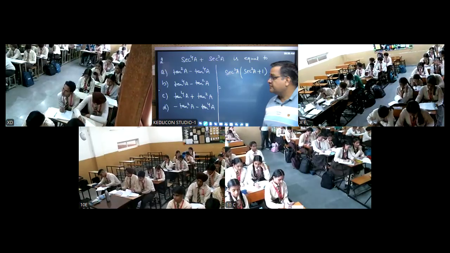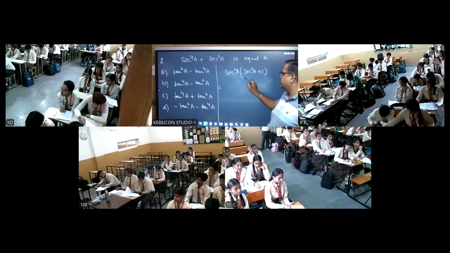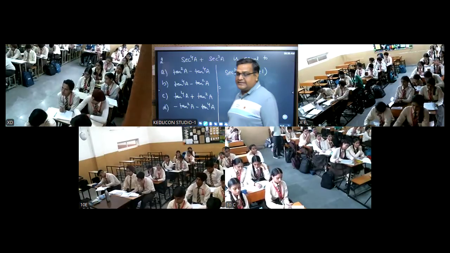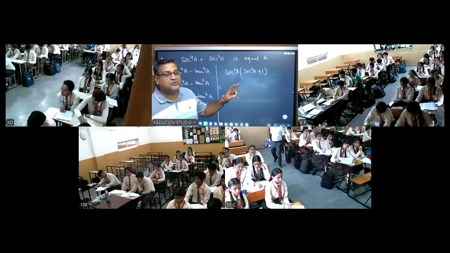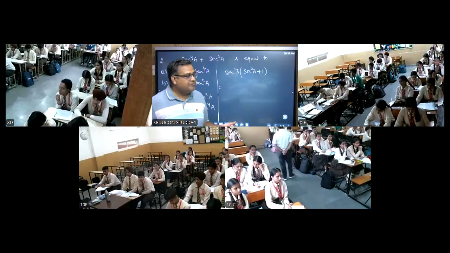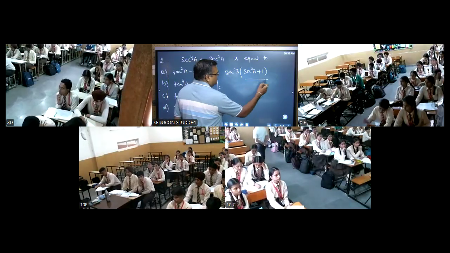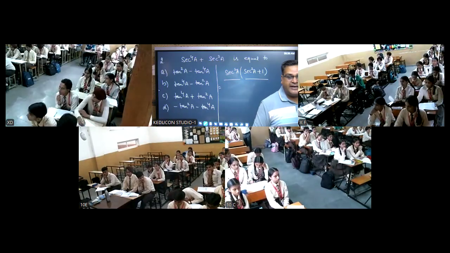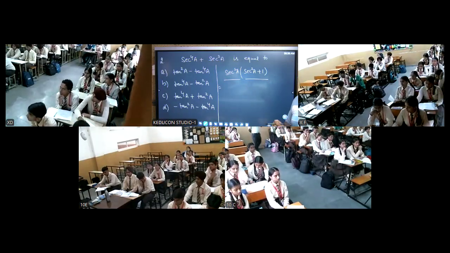Yes, using the identity: secant square A minus 1 will be tan square A. We have to use the same identity in two different forms here. We will convert this into tan form, and this also into tan form. What was secant square A? 1 plus tan square A, right?